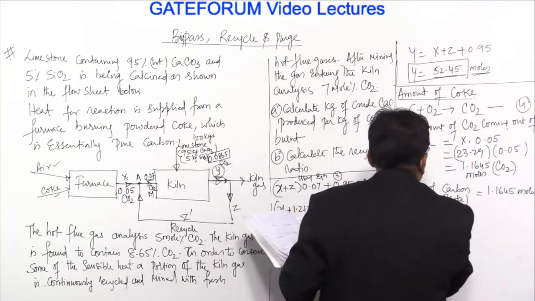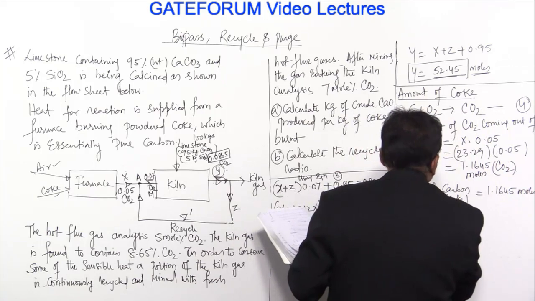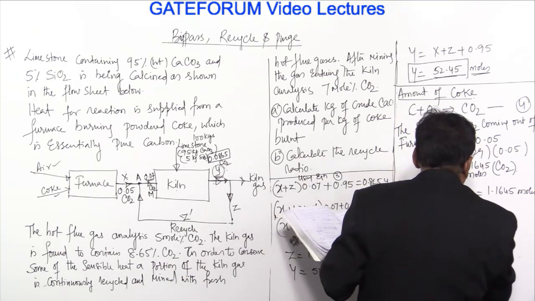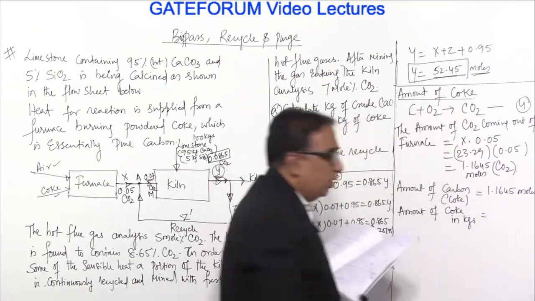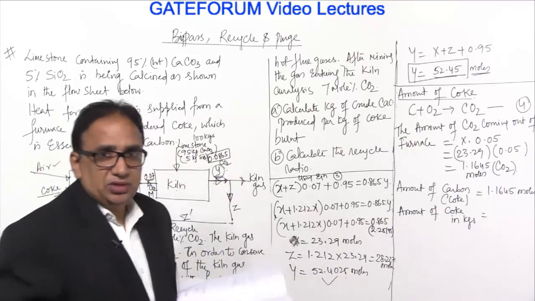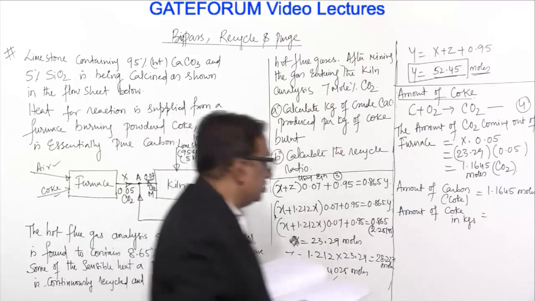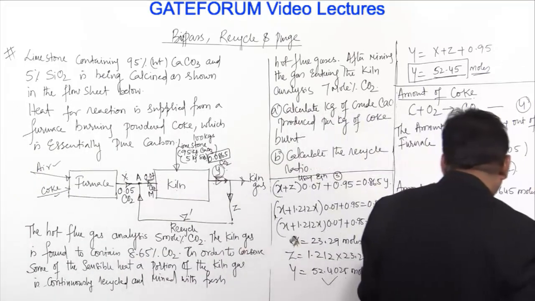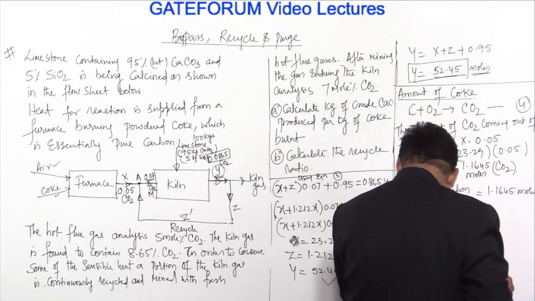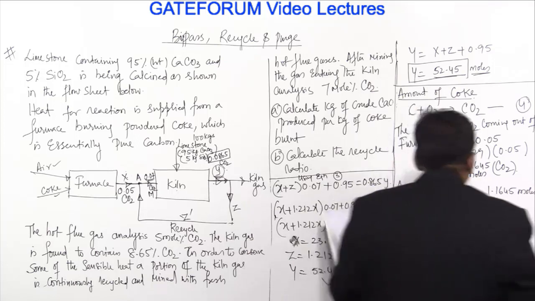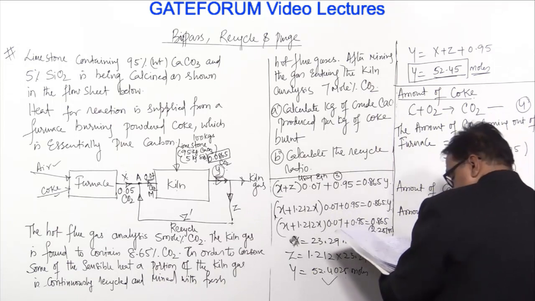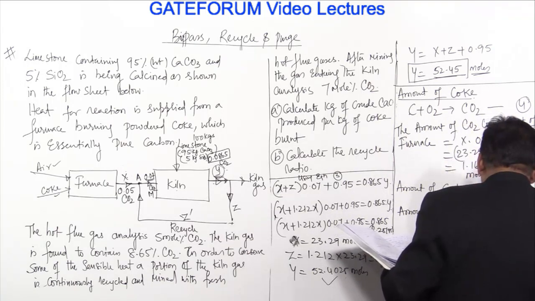But amount generally means kgs. Moles are only our language for our calculations; the general language is kgs. So the amount of coke in kgs is 1.1645, and since the carbon molecular weight is 12, it is 14 kgs.